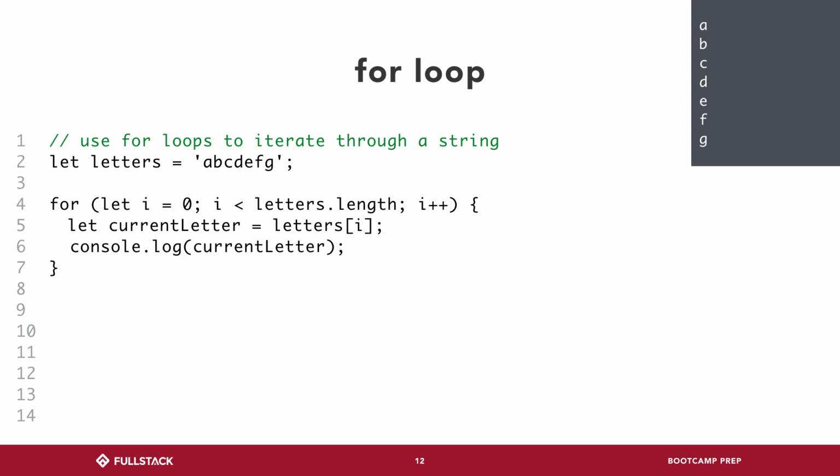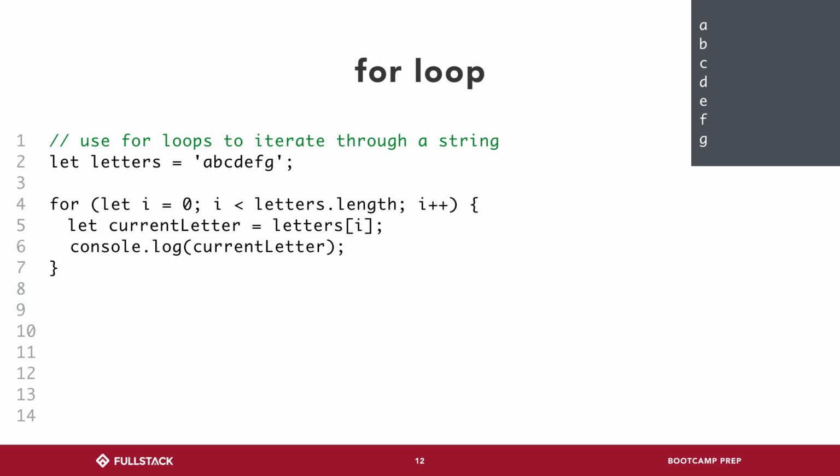So rather than type this out once and then type this whole thing out again somewhere else in another console log, they're just going to access letters at the ith index and save that as current letter. So when i is equal to 0 and we plug 0 into letters, this bit right here is going to evaluate to the string A. So A will be inside the current letter.